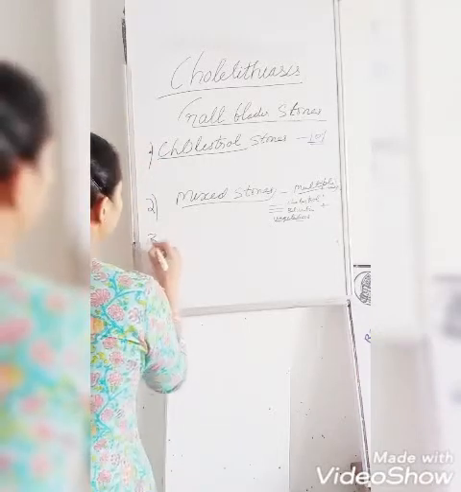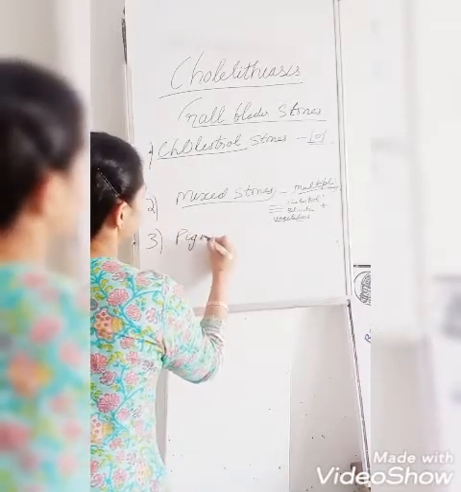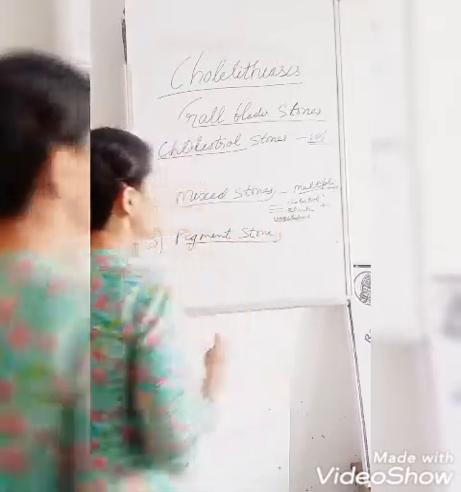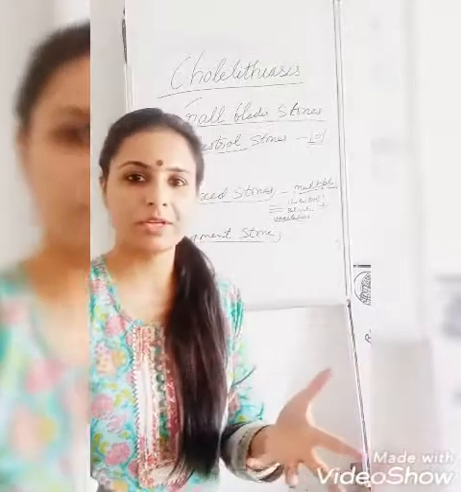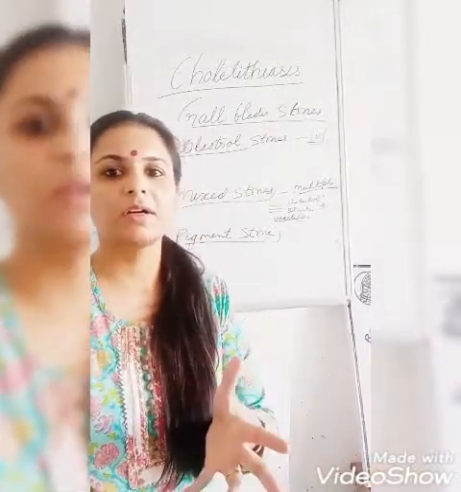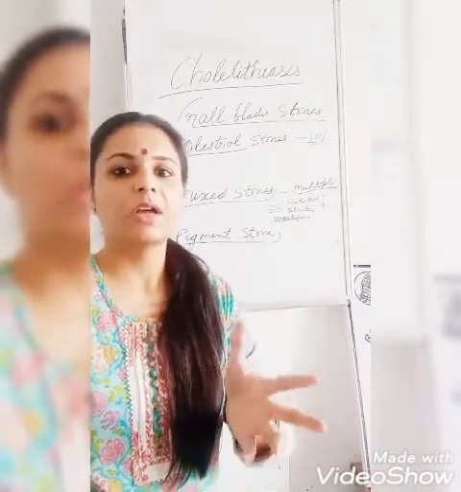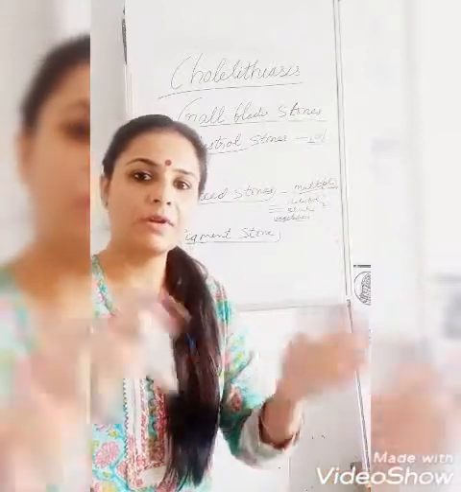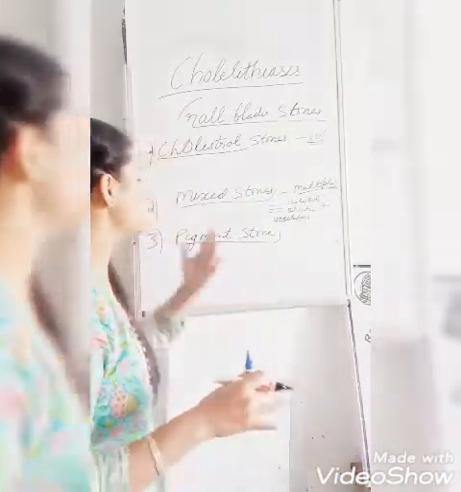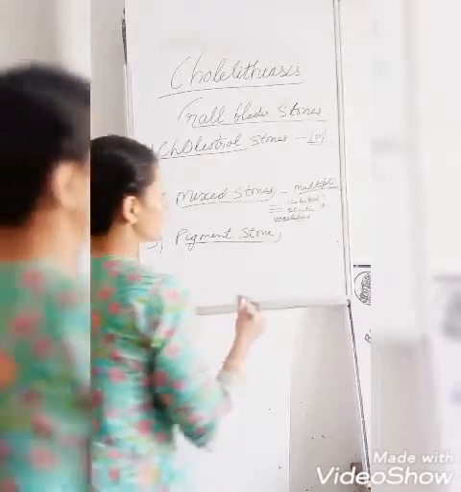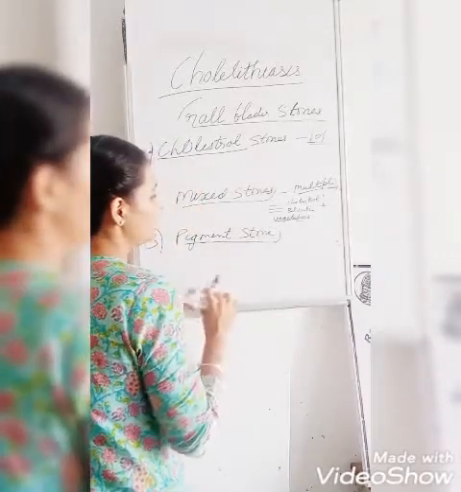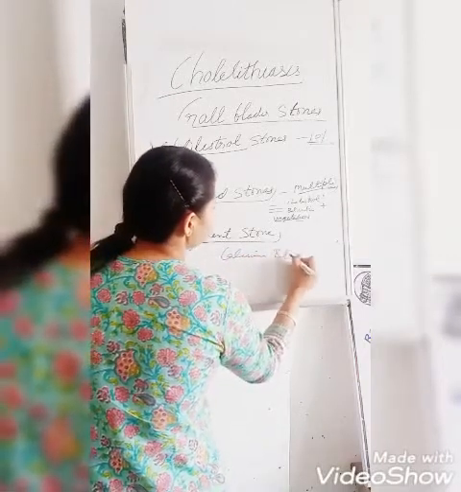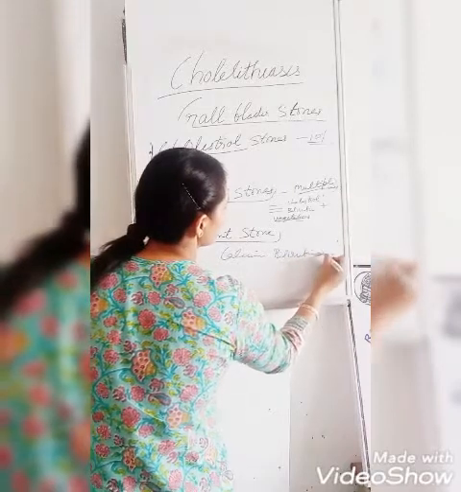Then the third variety is pigment stone. This pigment stone is due to excess of unconjugated bilirubin that doesn't get conjugated with the glucuronic acid, because there is excess RBC breakdown, and that results in excess unconjugated bilirubin, and that unconjugated bilirubin will combine with calcium to form calcium bilirubinate stones.